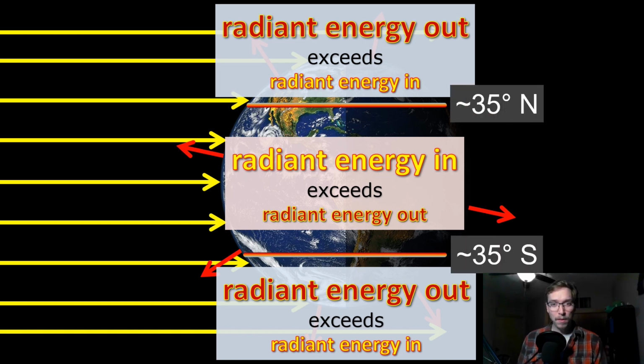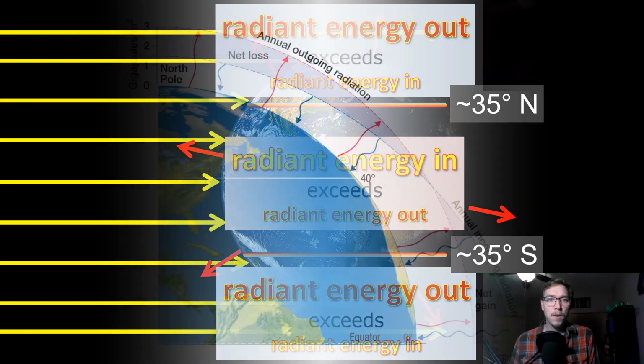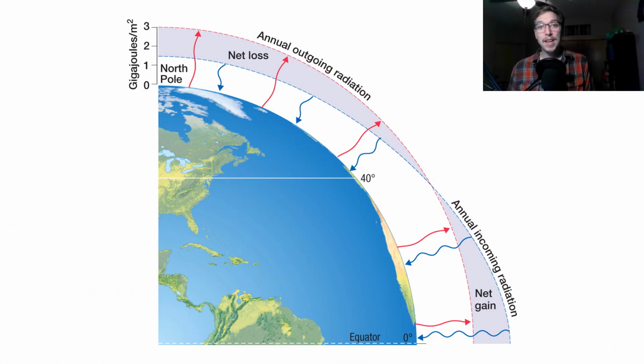That flip point, where you have more radiant energy coming in than out versus out than in, actually happens at about 35 degrees north and 35 degrees south latitude. When we look at this diagram, you can see exactly that. Annual outgoing radiation, if you look at the top, is much greater than the amount coming in, because the insolation intensity is so much lower.